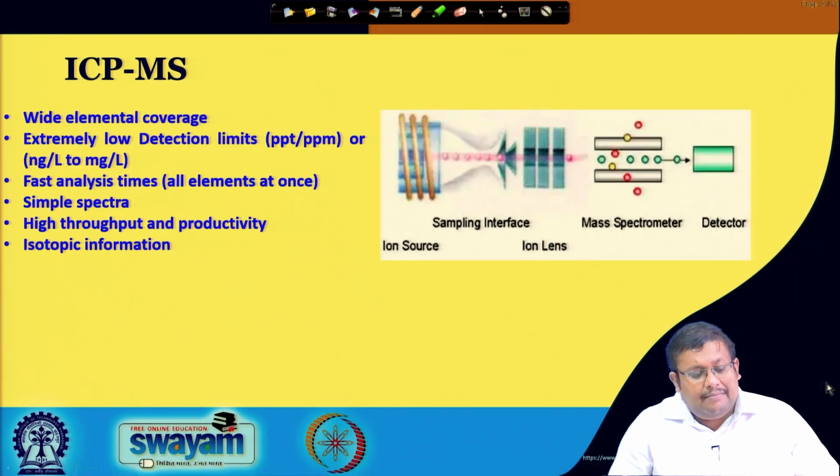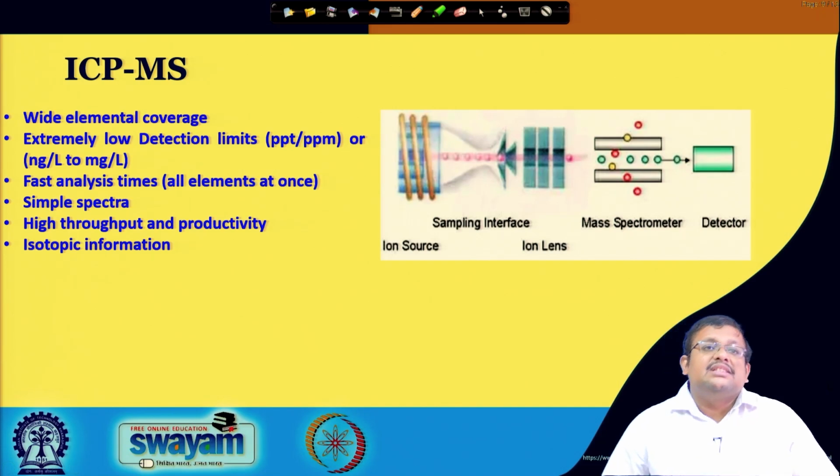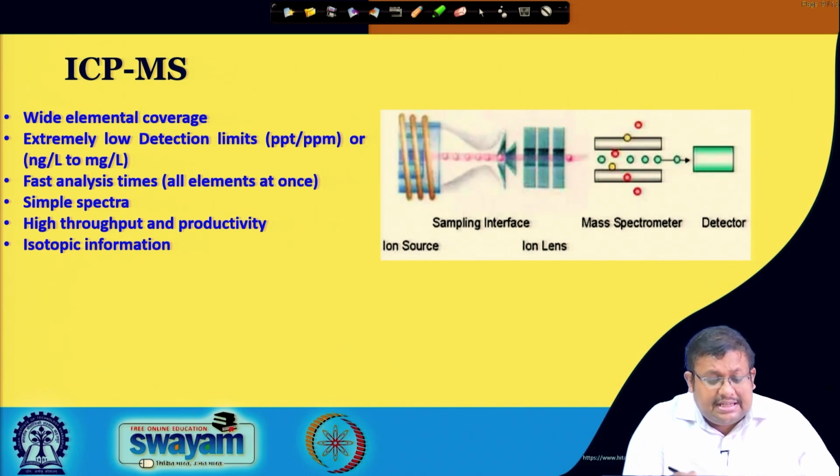Now, what are the benefits of ICP-MS? First, it has wide elemental coverage. It can measure a wide range of elements, I will show you in the next slide. It has extremely low detection limits, from nanogram per liter to milligram per liter, so you can see it can go up to parts per trillion level also.